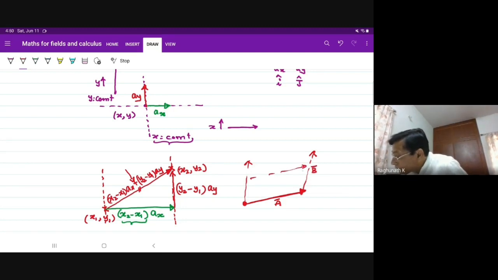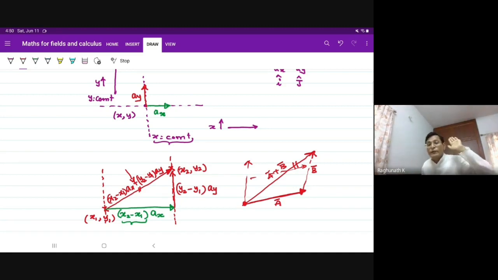Then this is A bar plus B bar. This is actually the resultant of A bar and B bar, because we discussed it. This is the parallelogram of vectors, we know. That plus is talking about the resultant.